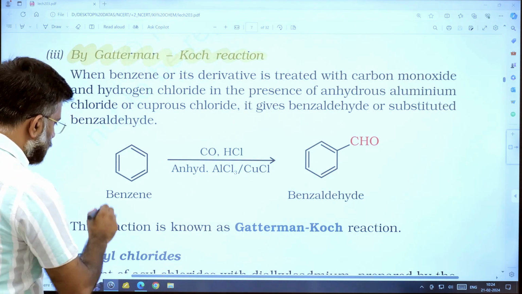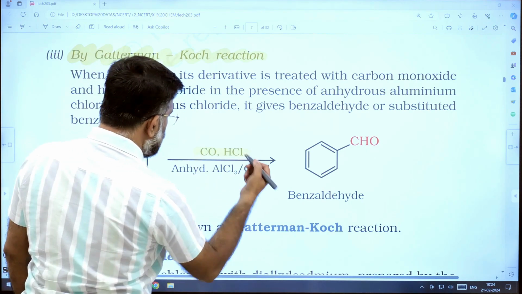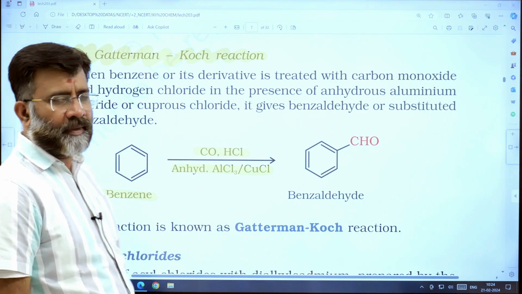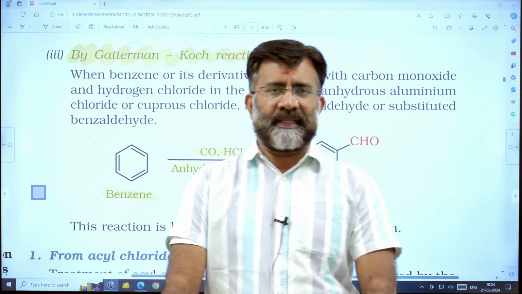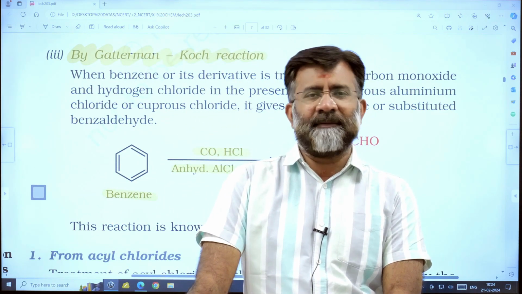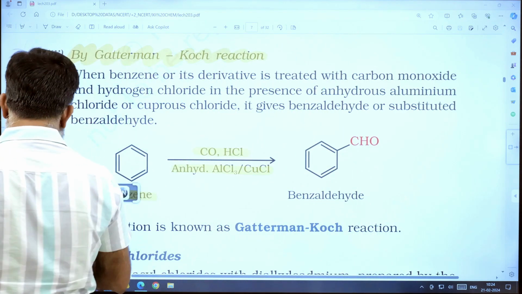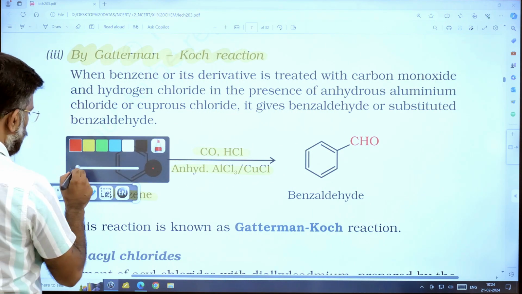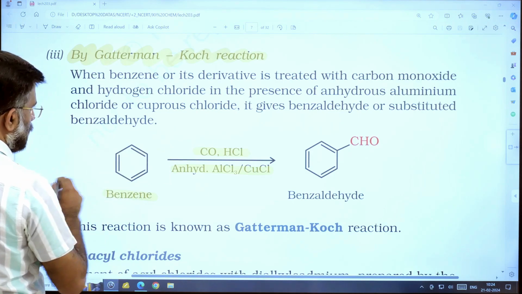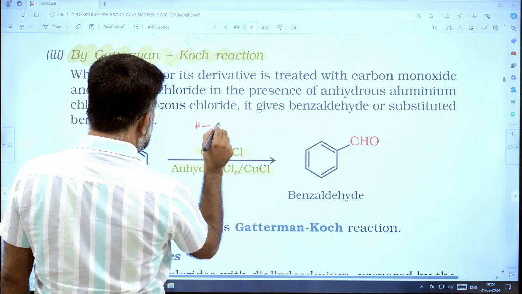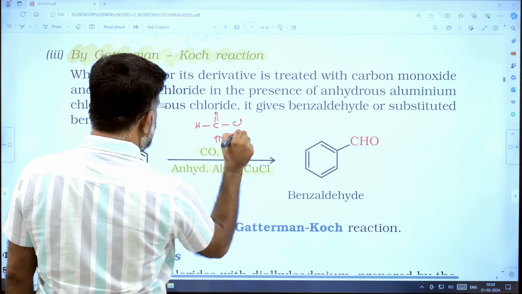What is that reaction? Benzene treated with CO, HCl and anhydrous AlCl3. So, carbon monoxide with HCl is treated with benzene in the presence of a Lewis acid. Carbon monoxide and HCl will give HCOCl, formyl chloride.